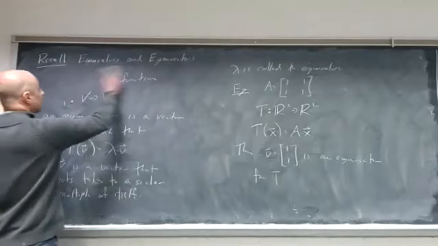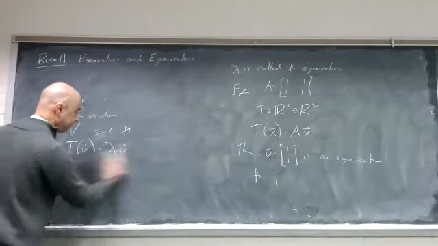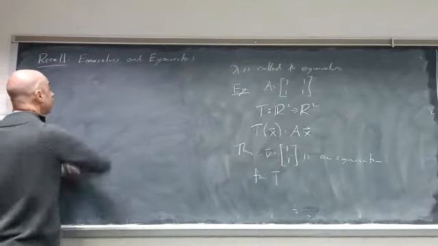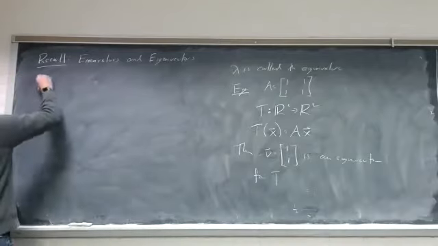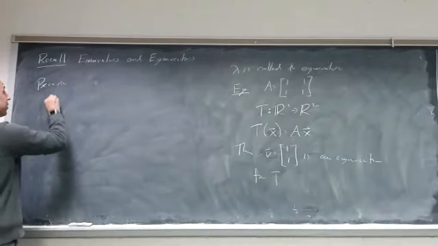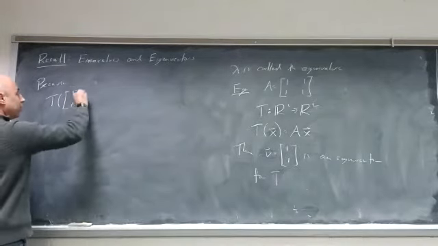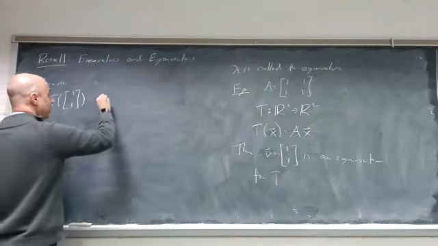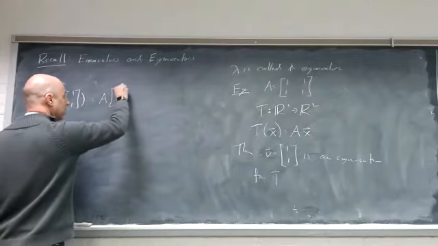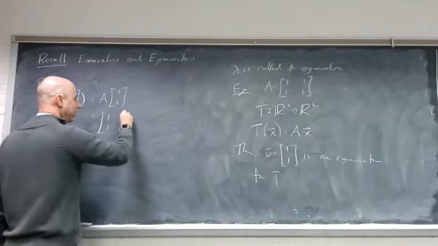Because T of (1, 1) is just that matrix A times (1, 1). And the matrix A is 1, 1, 1, 1.